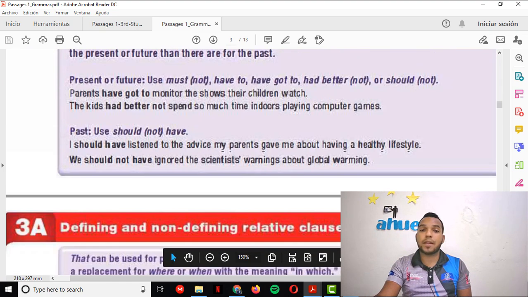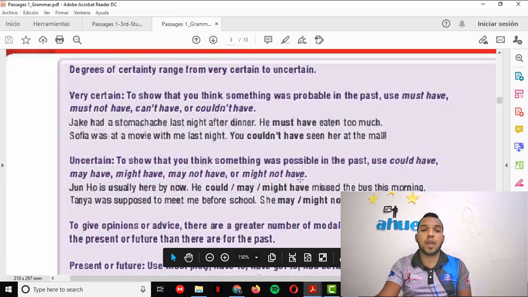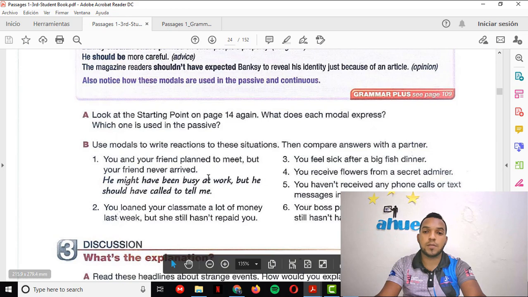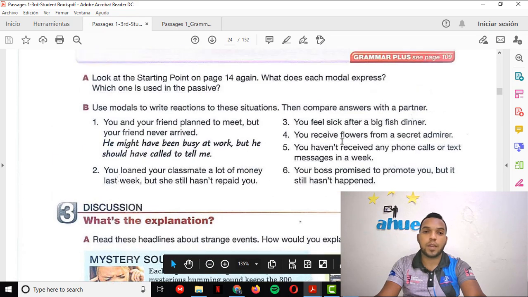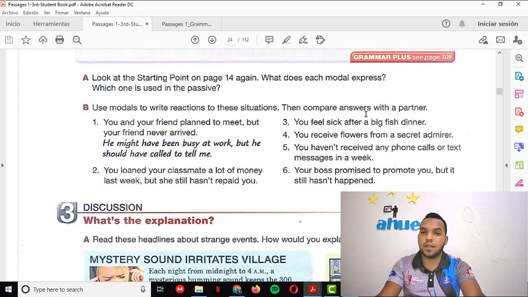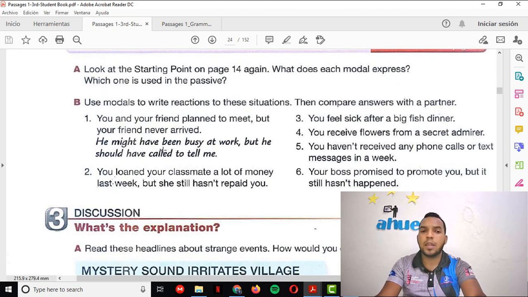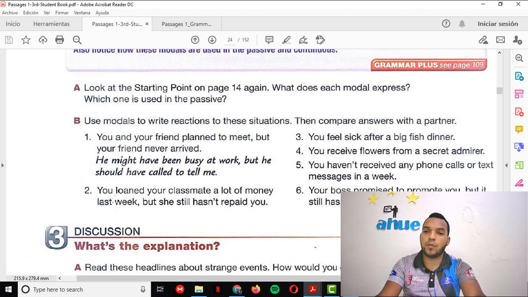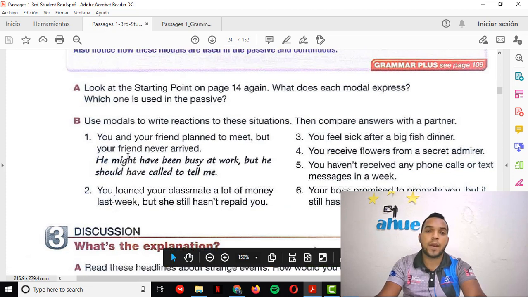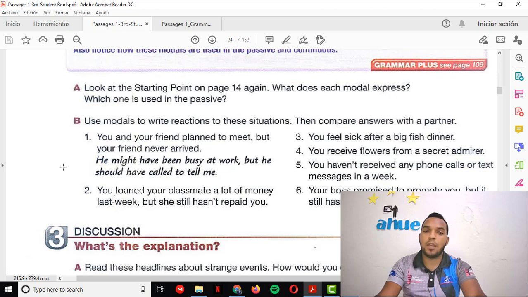Remember, there are some exercises, guys, that you can complete here in this part of the book. Use modals to write reactions to these situations, then compare with your answer. Here you have an example of what you can do. Like, you and your friend plan to meet, but your friend never arrived.